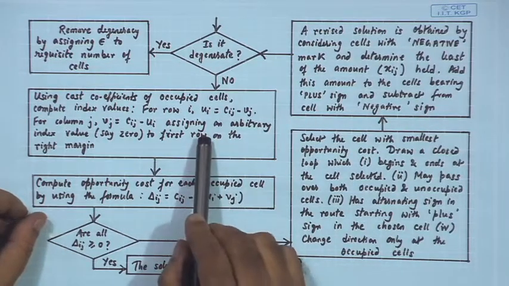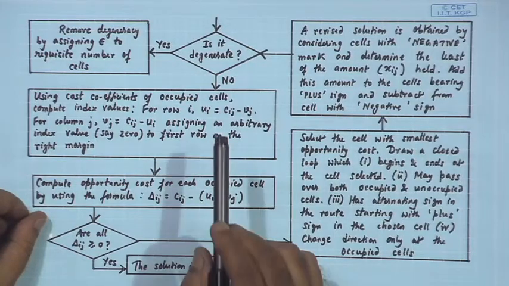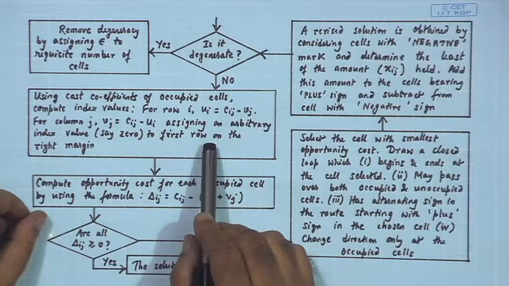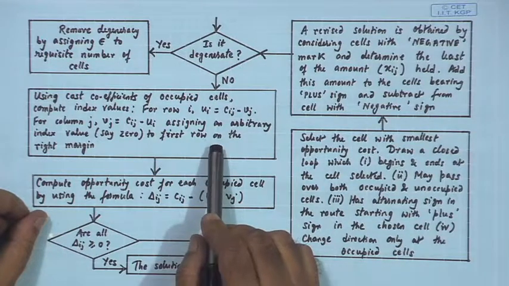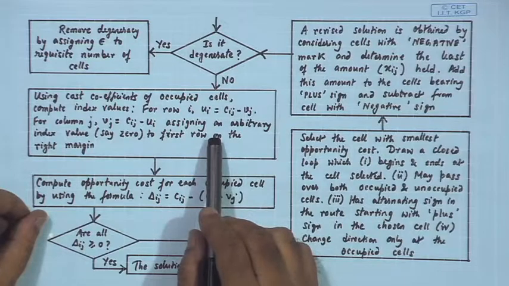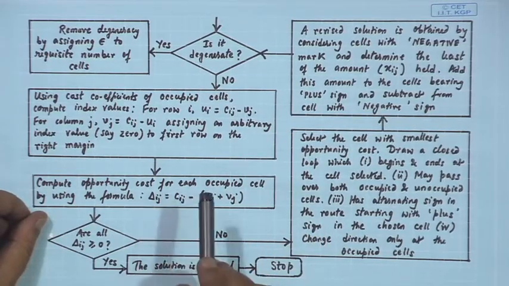Or in other words, at first we have to find out the values of u i and v j, and you can do it if I choose arbitrarily at least one value of u i or v j, then I can derive the other values. Once I have done this, c ij is known to me.